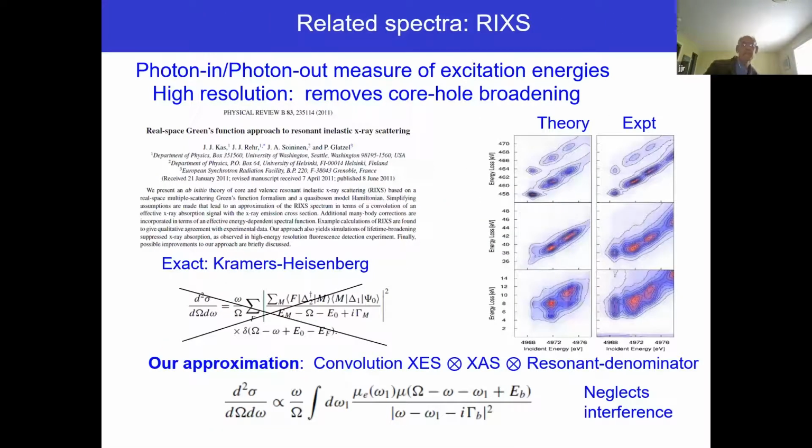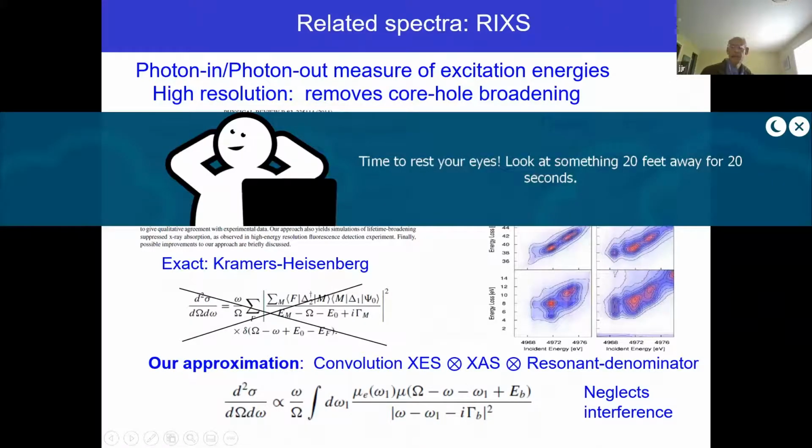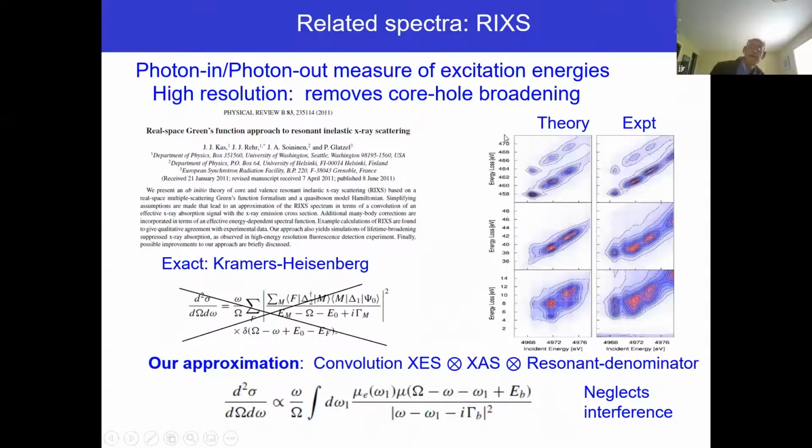Okay, there's another very interesting technique that's used these days. It's called resonant inelastic X-ray scattering. And it's beautiful because it doesn't have this core hole broadening, which can actually blur out some of the phenomena. So this technique is actually used to determine excitation energies.